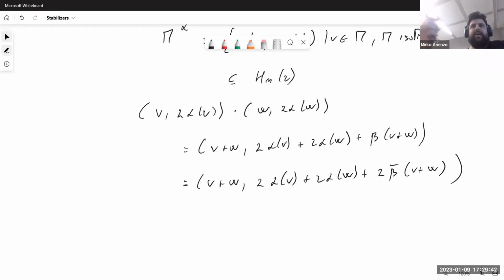But that would be again the prescription for qubits.